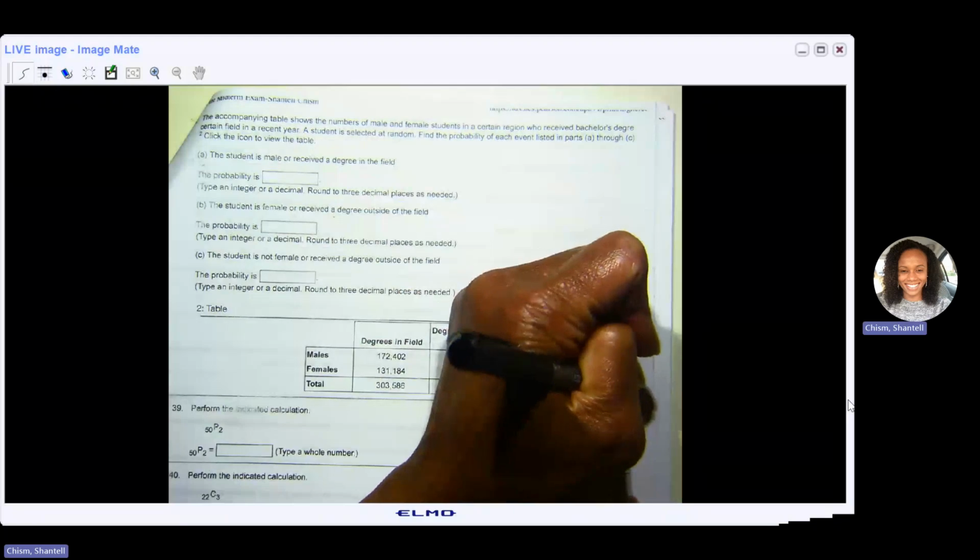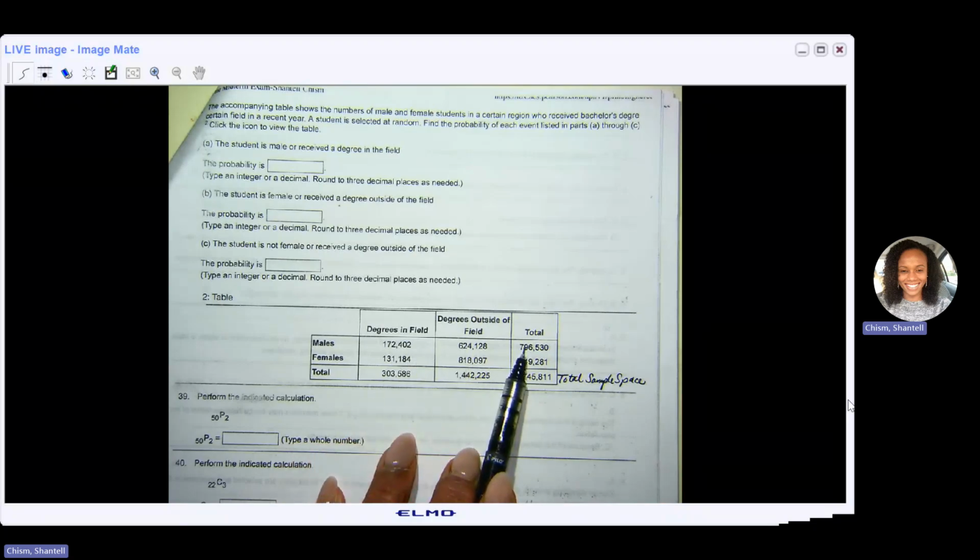Okay. So of this 1,745,811, 796 and some change were males, 949 and some change were females. Of the males, some earned a degree in field, some earned a degree outside of field to give us that total. Of the females, some earned a degree in field, some earned a degree outside of field to give us the total females.